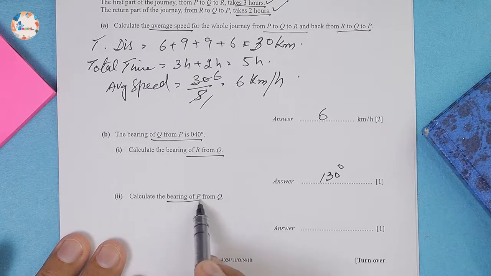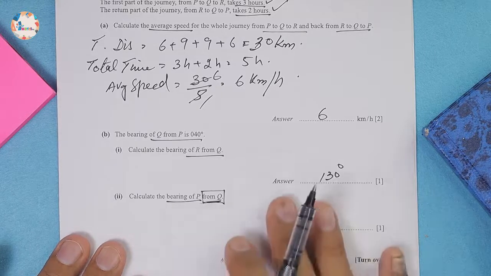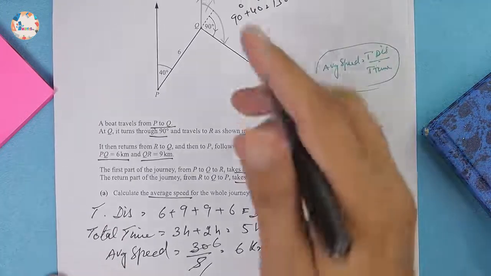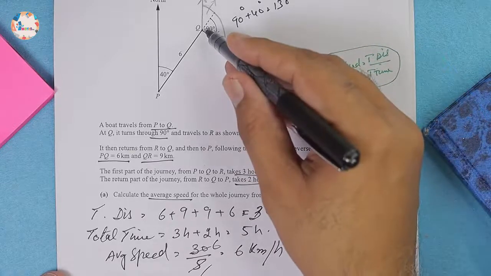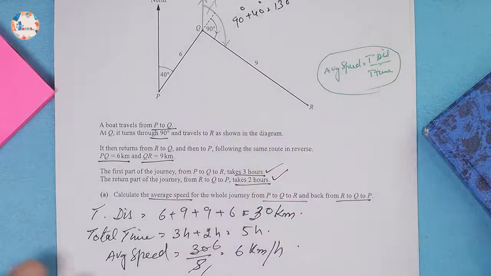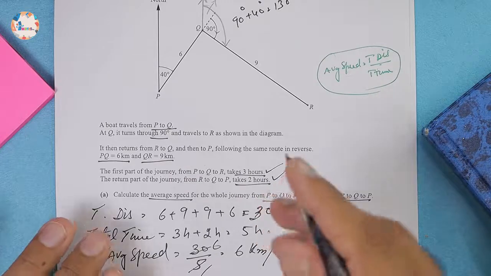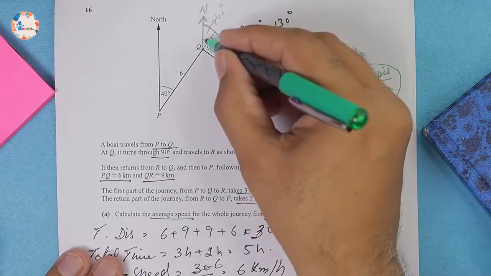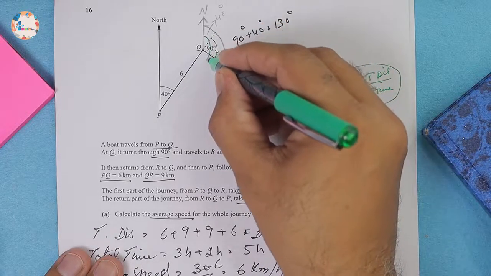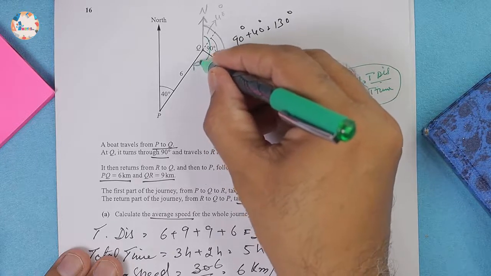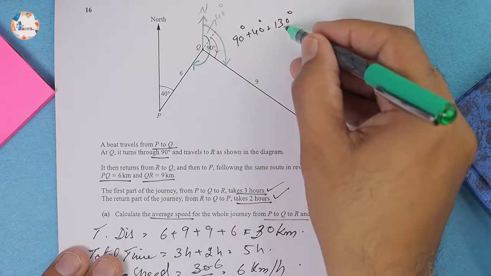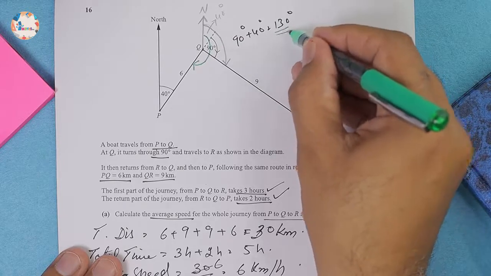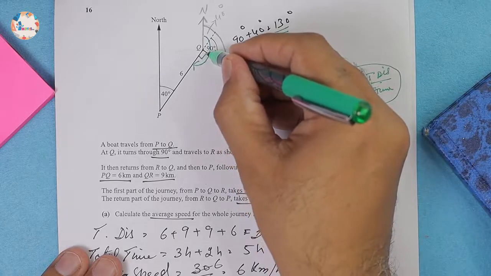Calculate the bearing of P from Q. So we'll go to Q and draw north at Q, which we have already drawn, and the bearing of P is this one. So we require this angle. Bearing of P from Q, we require this complete angle up to this one. Now up to this one is 130, and we know this is 90.